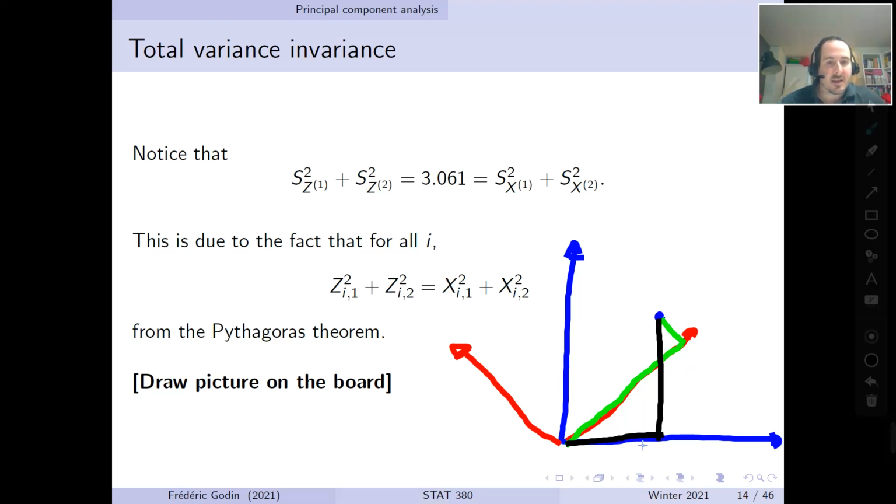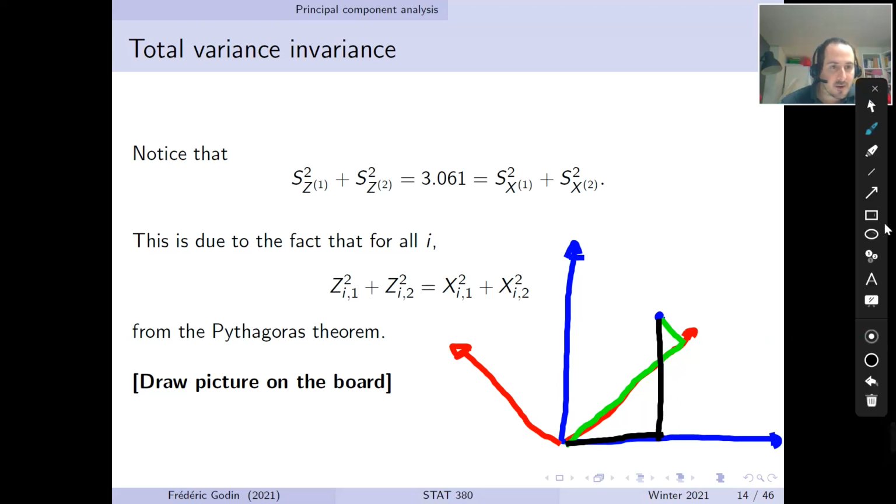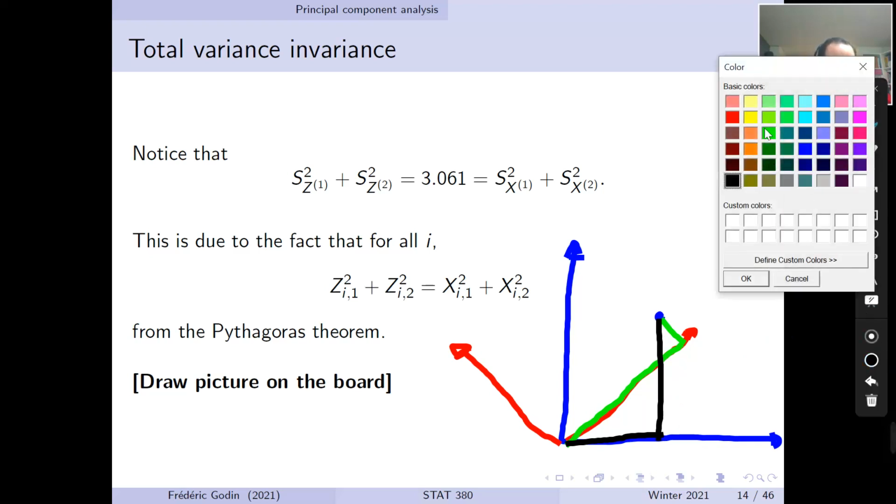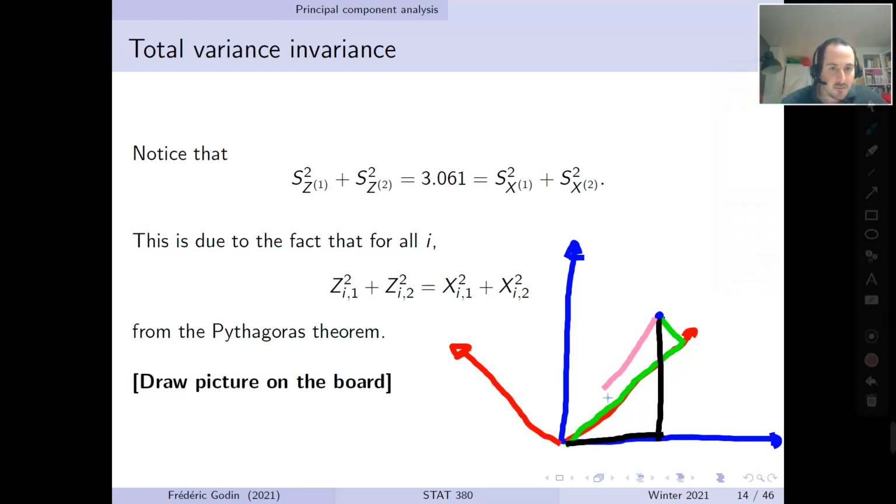Why is that the case? It's because the sum of this square plus this square is the distance. I'll use a new color here. So through Pythagoras theorem, this segment squared plus this segment squared is equal to the length of the pink segment squared.